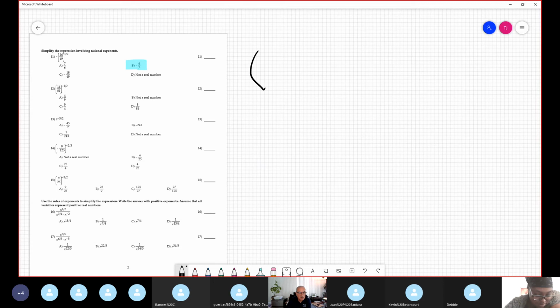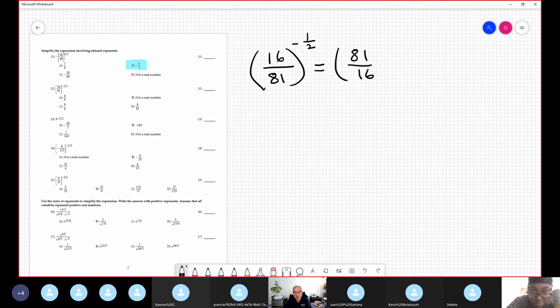Is 16 over 81 raised to the negative half. Wow. It's too many complications because we have negative exponent and we have reciprocal exponent. I propose you guys do first the negative exponent. Negative exponent is reciprocal, and reciprocal is flipped. So this is equivalent to say, look, 81 over 16 raised to the 1/2.